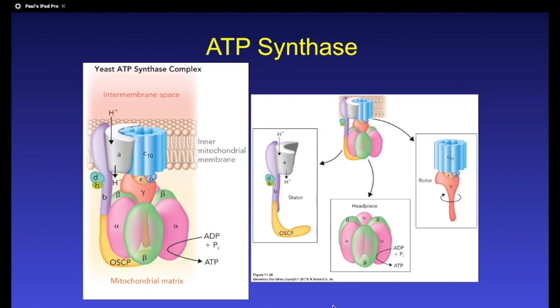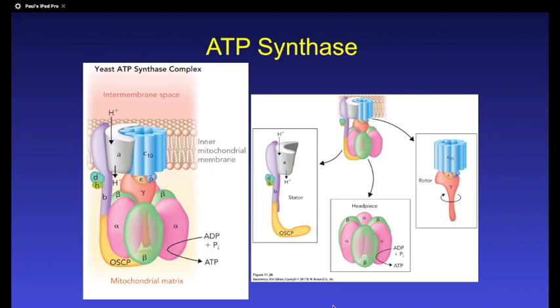The next step is to work with the ATP synthase. Now, the ATP synthase is an integral protein. It does go through the membrane. It has a couple of pieces to it. All right? There is a place in which protons can come back through.